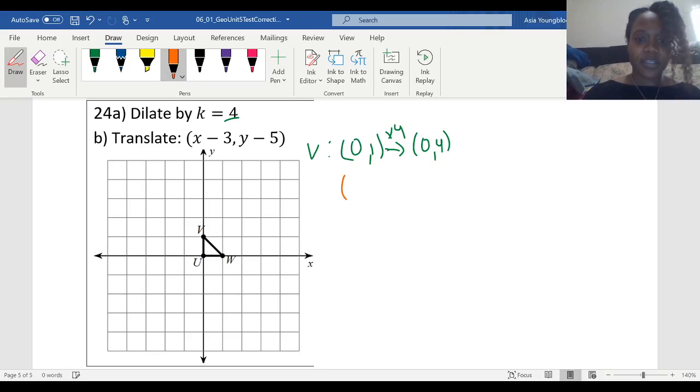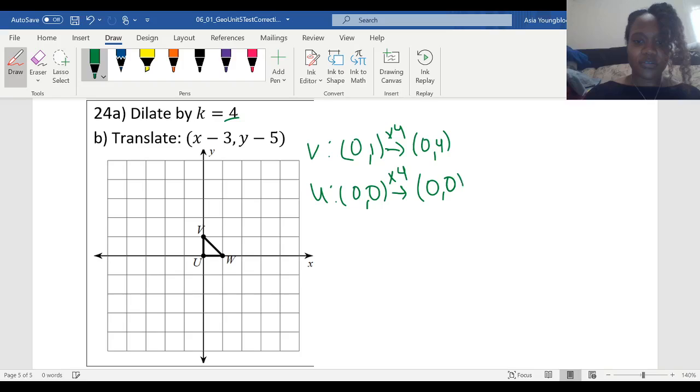Our next point, U, is 0, 0. Dilating that also gives us 0, 0. W is 1, 0. Dilating that gets us 4, 0.